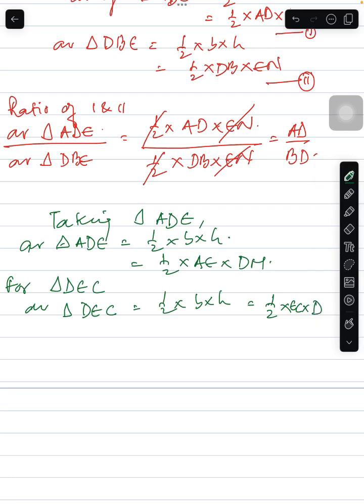Height will again be DM, as I told you earlier. Now, ratio of these two triangles.